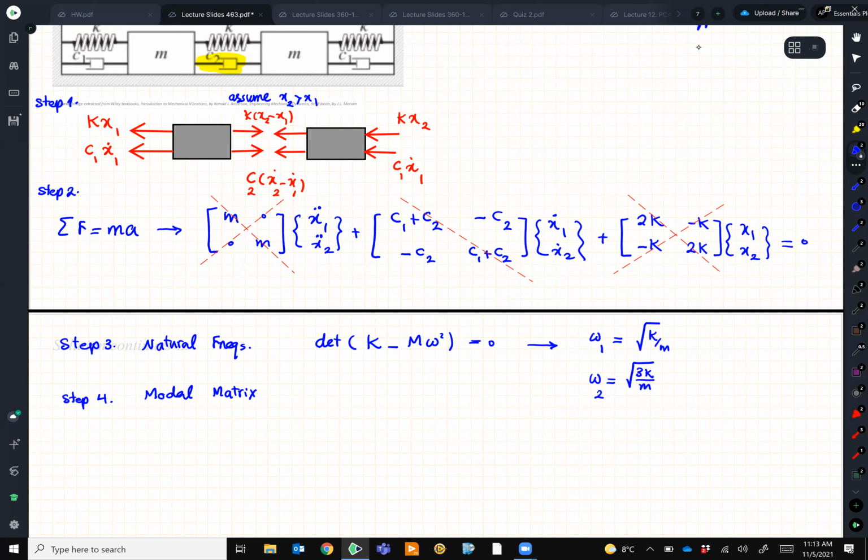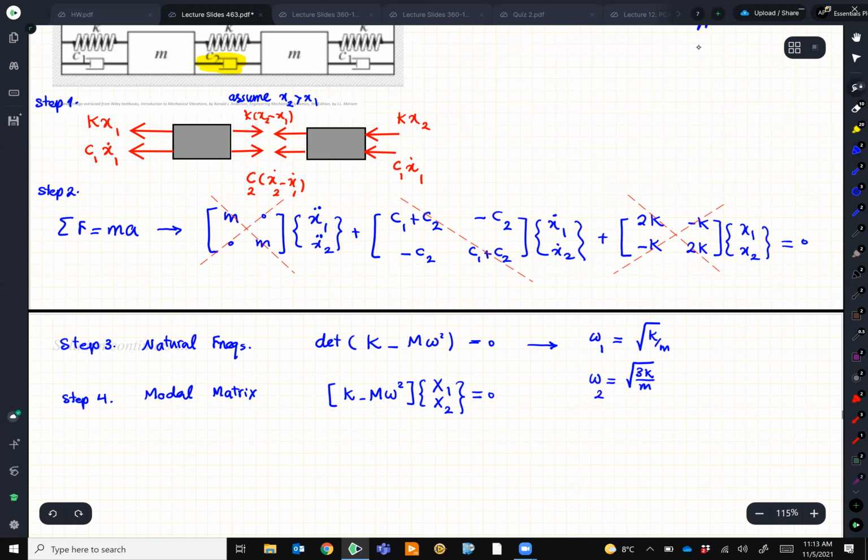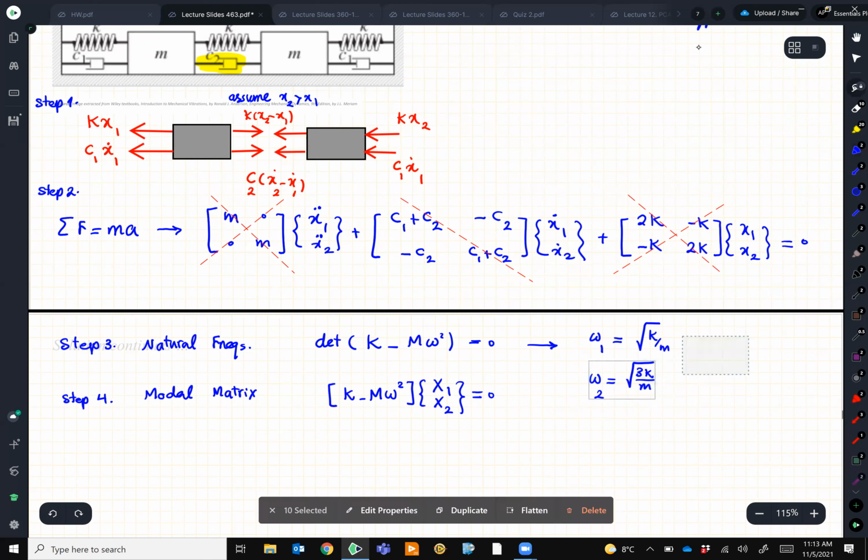So we need to solve K minus M omega squared times x1, x2 equal to 0. The same matrix that we had, this time with x1, x2. So from here we can find, let me move that over there.